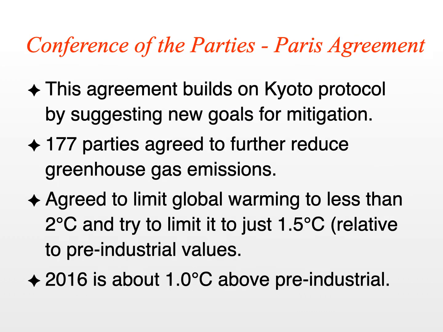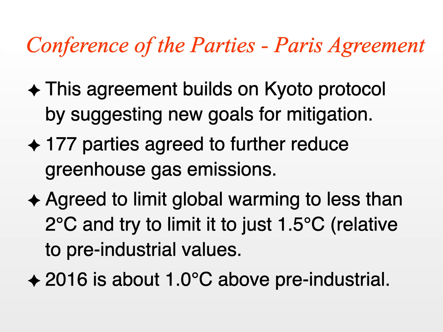Just a few years ago, there was another agreement called the Conference of the Parties, Paris Agreement. So it was based on the Kyoto Protocol, but asking for more serious mitigation efforts. 177 parties agreed to further reduce the greenhouse gas emissions, except for the United States.